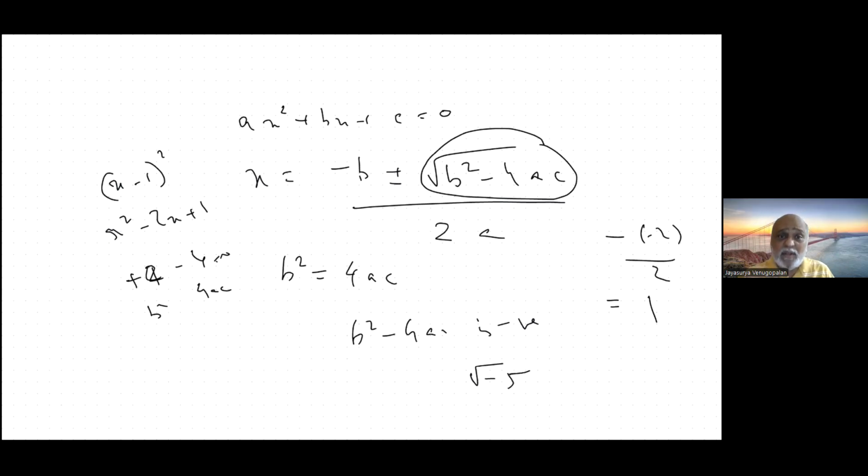What do you mean roots are imaginary? It only means one thing: that no longer will the function or the expression have roots cutting the x-axis. It will be somewhere like this.